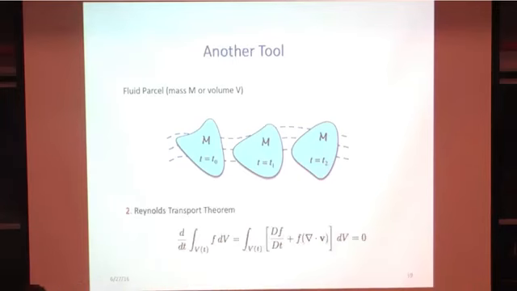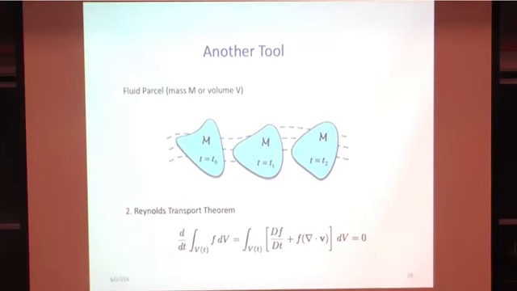So one useful thing you can do with this concept now is there's another tool. Sometimes you might be interested in not how a quantity varies with respect to space and time in a moving reference frame, but how the integral of that quantity changes. Now V of t is the volume circumscribing this mass m here.